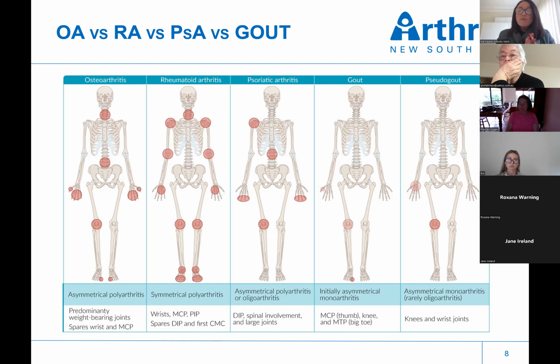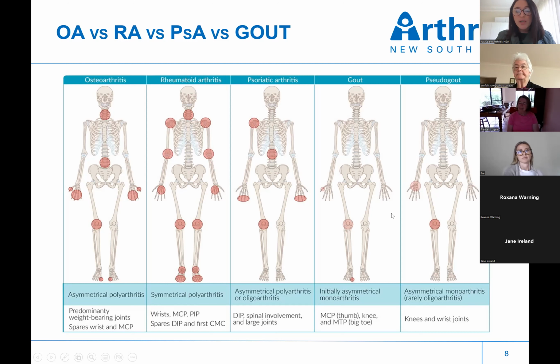So it comes on very, very suddenly, very painful, lots of swelling, very red, all those cardinal signs of inflammation. It can last for a couple of days or weeks. Pseudo-gout presents exactly the same way, but instead of the buildup of uric crystals, it's more calcium deposits or calcium crystals. And again, the characteristics here are often asymmetrical, affecting only 1 or 2 joints, and these are often the knees and the wrist joints.